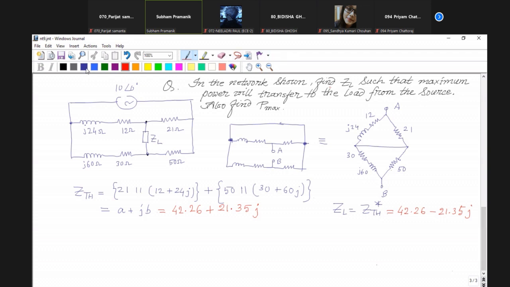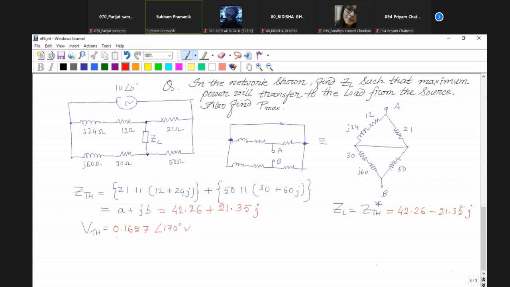I am also writing the value of VTH. You can verify it later. 0.1657 angle 170.